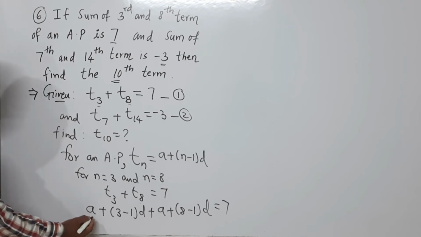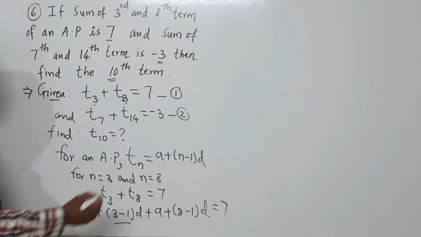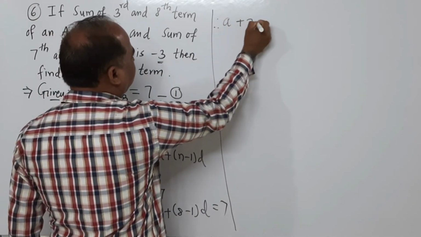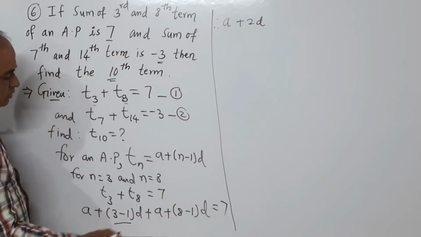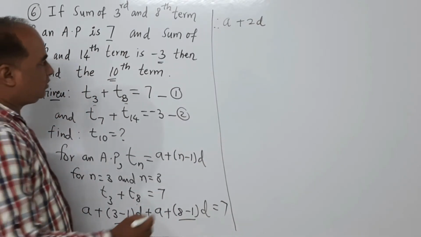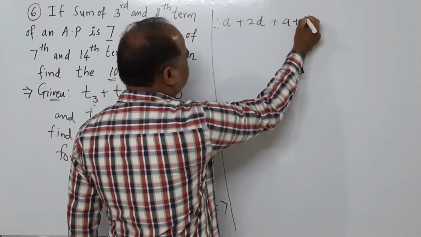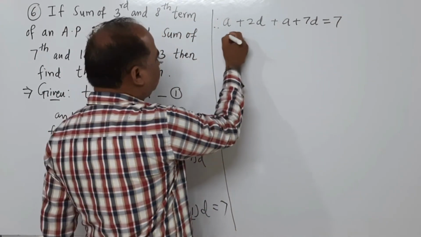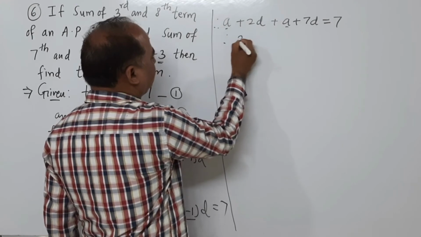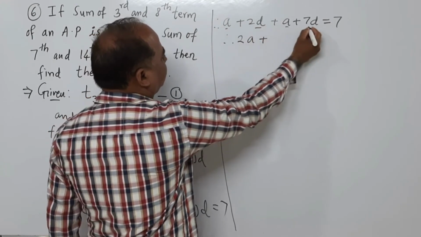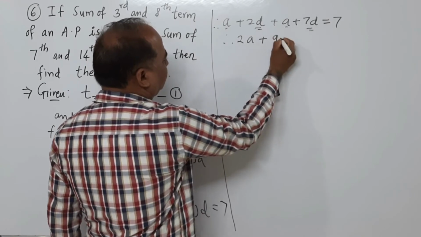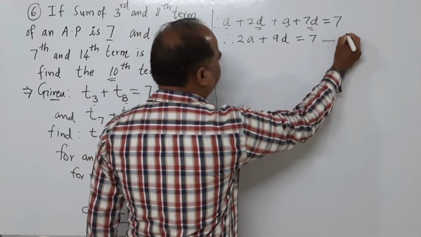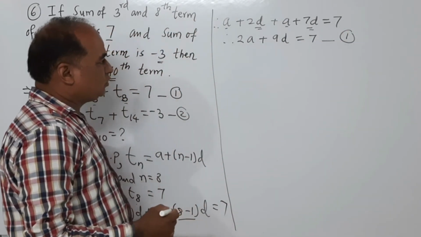So a plus 3 minus 1 is 2d, we get a plus 2d plus a plus 8 minus 1 is 7, so plus a plus 7d is equal to 7. Therefore a plus a is 2a, plus 2d plus 7d is 9d, which is equal to 7. This is our equation number 1, an equation in two variables.